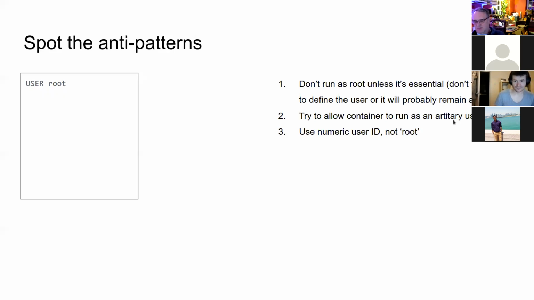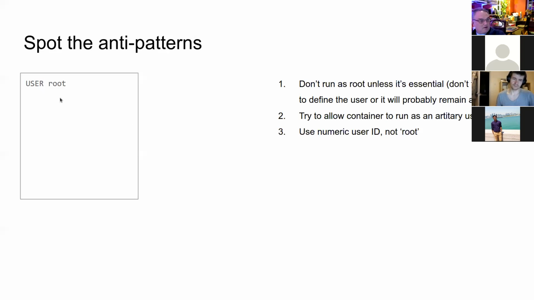That means it is more secure because you have proper isolation on the host. You don't have two processes running as the same user ID on the host. But your container needs to be able to run as an arbitrary user ID. So if you build your own container, can it run as user ID 345672? Well, ideally it should do.